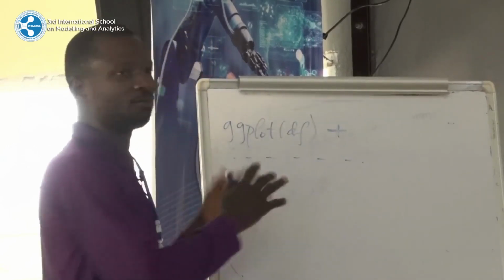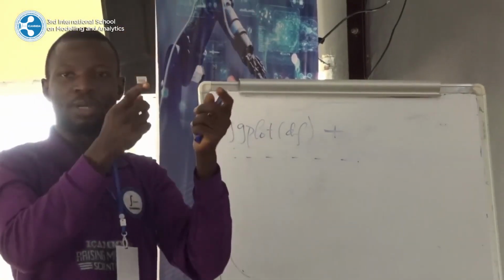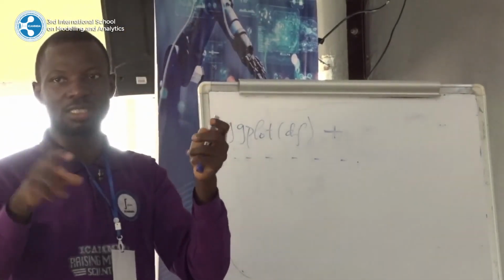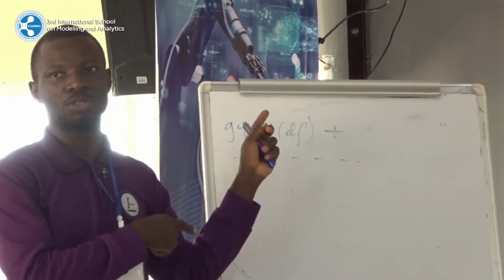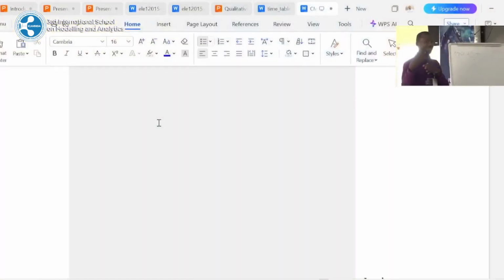This one is different from the plot function we used yesterday. Inside the plot function, it is inside that parenthesis we put several arguments, isn't it? But that is not the case with ggplot. Are you getting it now? That's why we call it grammar of graphics. It works with layers, and you add layers using the plus sign.